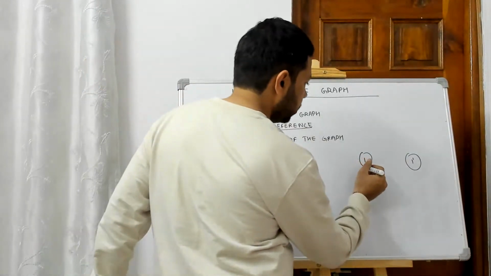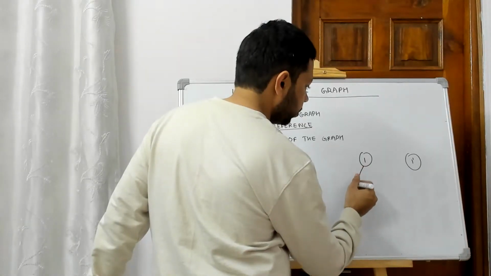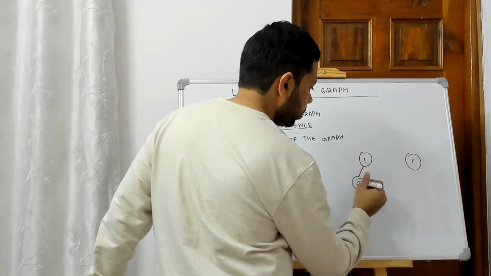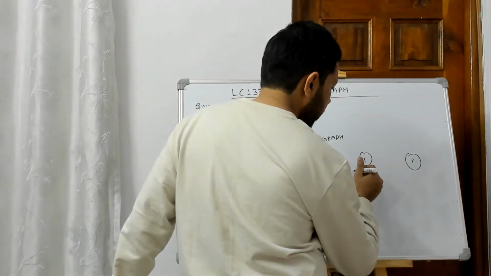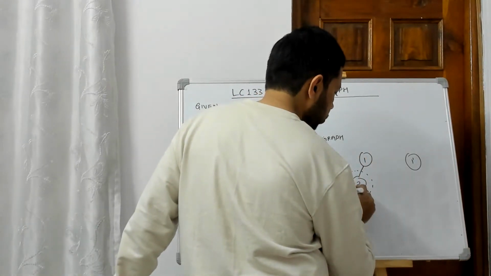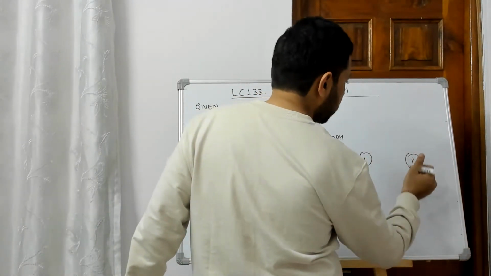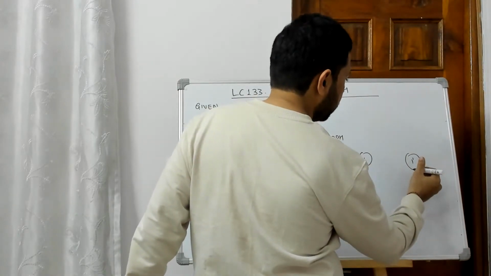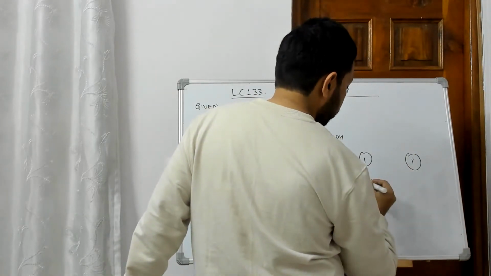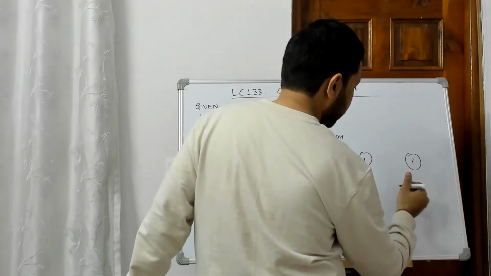But if you have a node 2 here, you have to recursively clone this graph and have this 2 in the list of neighbors for 1 dash. So this graph will be cloned separately.